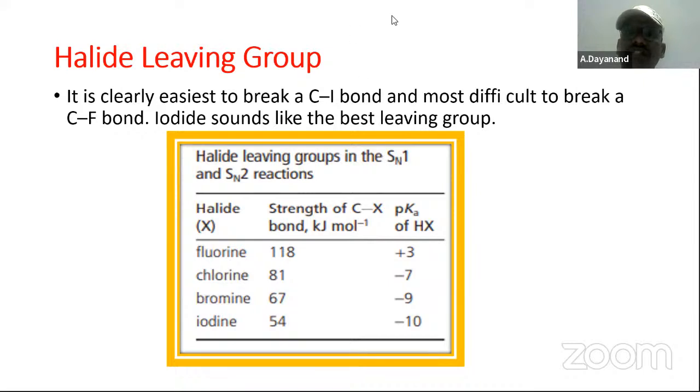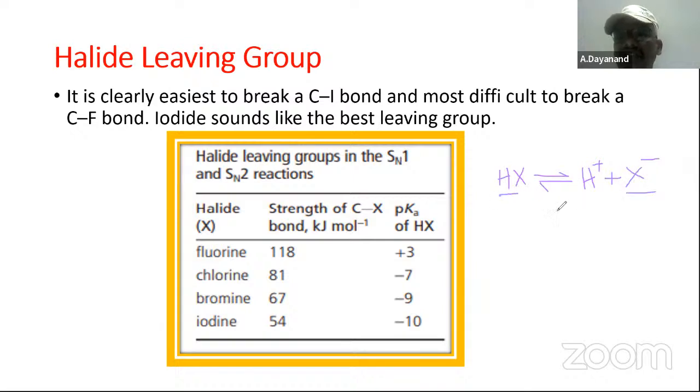How are you going to decide them? For example, you have to take the hydrogen acids, HX. HX is going to dissociate to give H plus and X minus. This X minus is called the conjugate base of this acid.